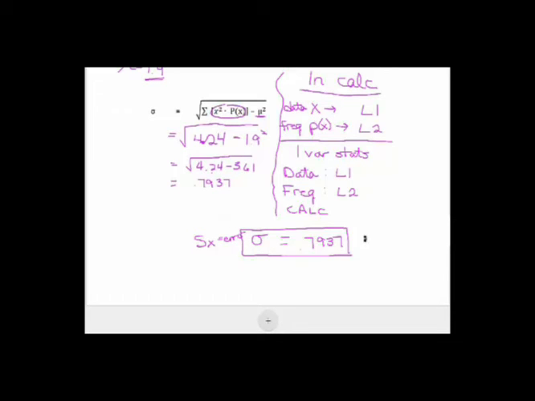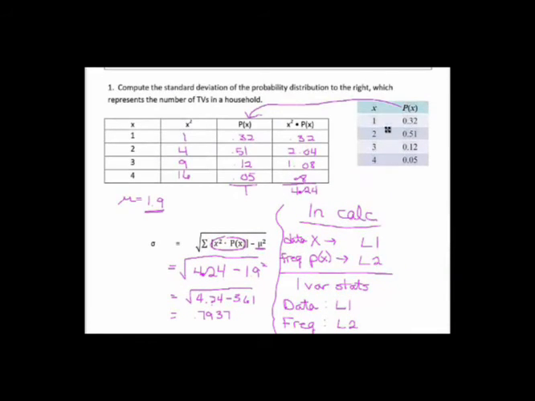Let's go back and look at our frequency. Our frequency is not the raw numbers, so it's not like 1 happened 14 times, 2 happened 27 times. It's saying 1 happens 32% of the time. So our frequencies all add up to the total frequency, which in this case is 1 because we are in probability terms.